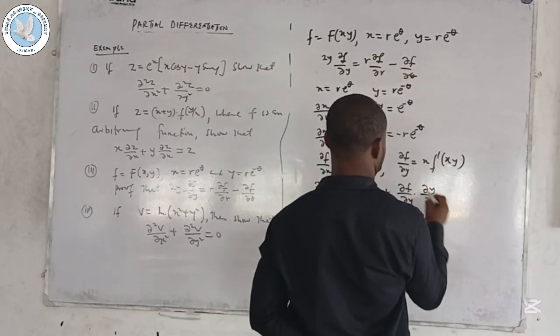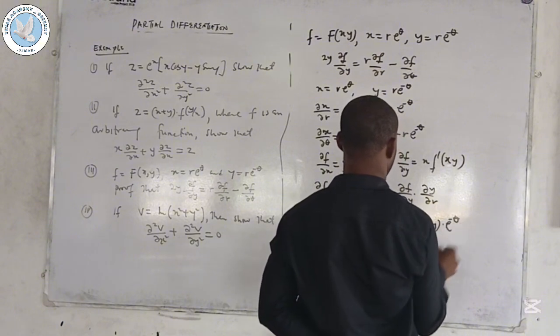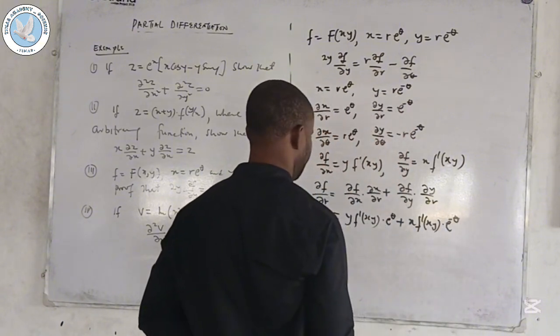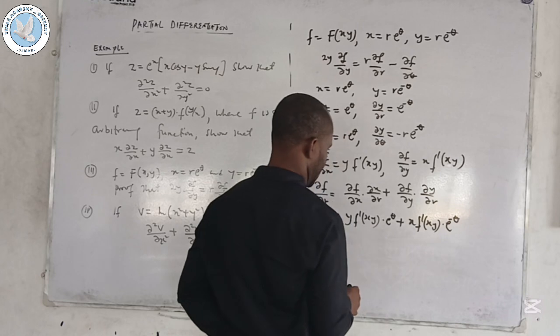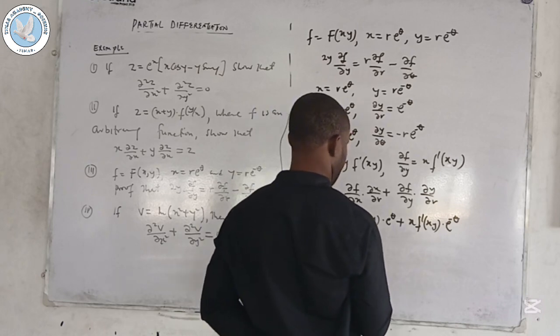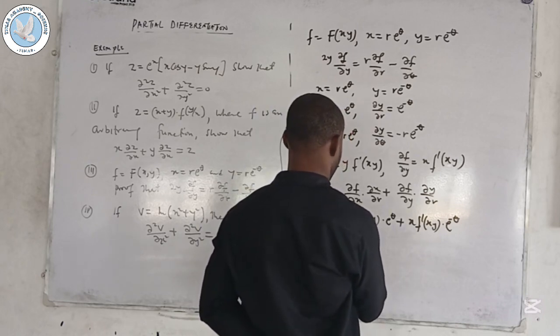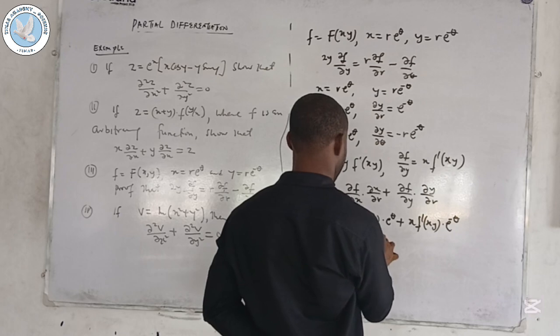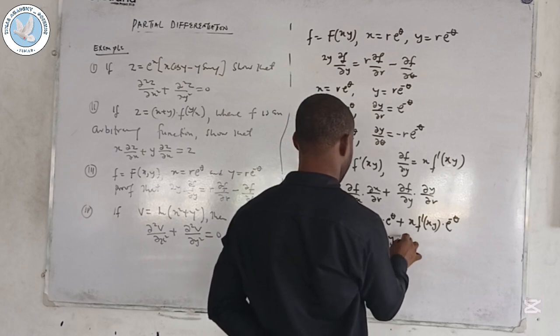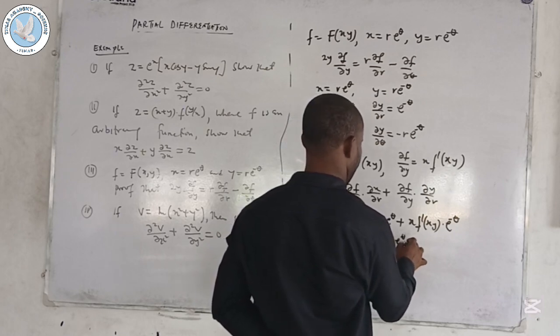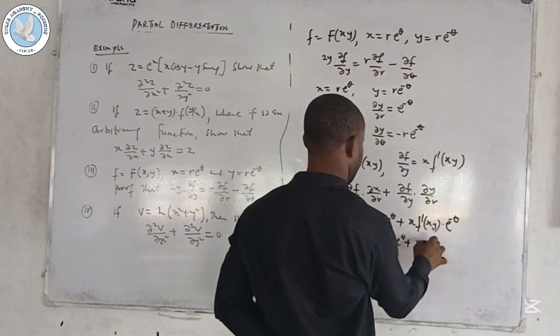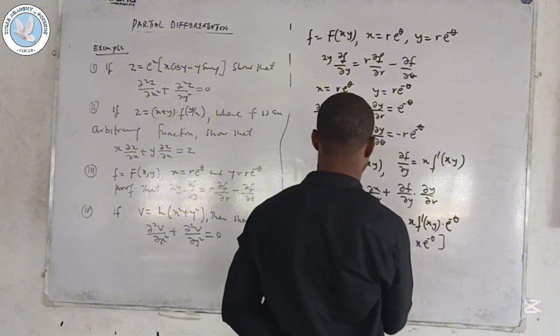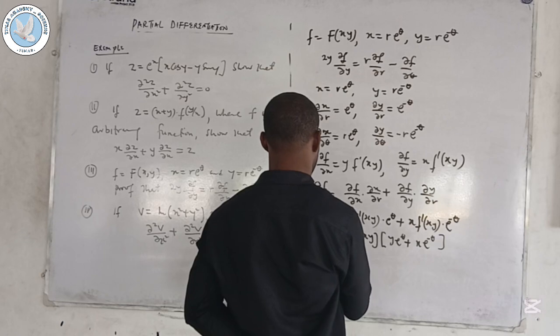The y, the r is this. So we can actually simplify this to have, simplifying this, we have this prime into y plus x. That this is the y, the r.